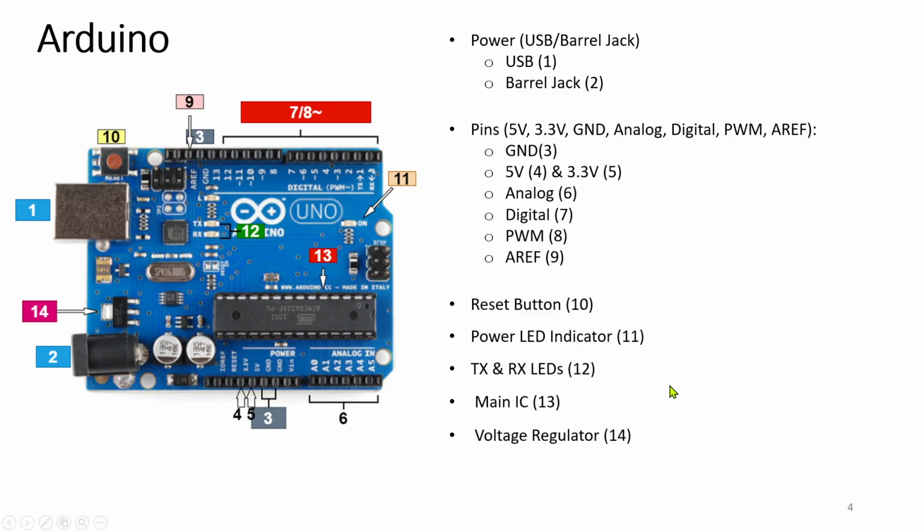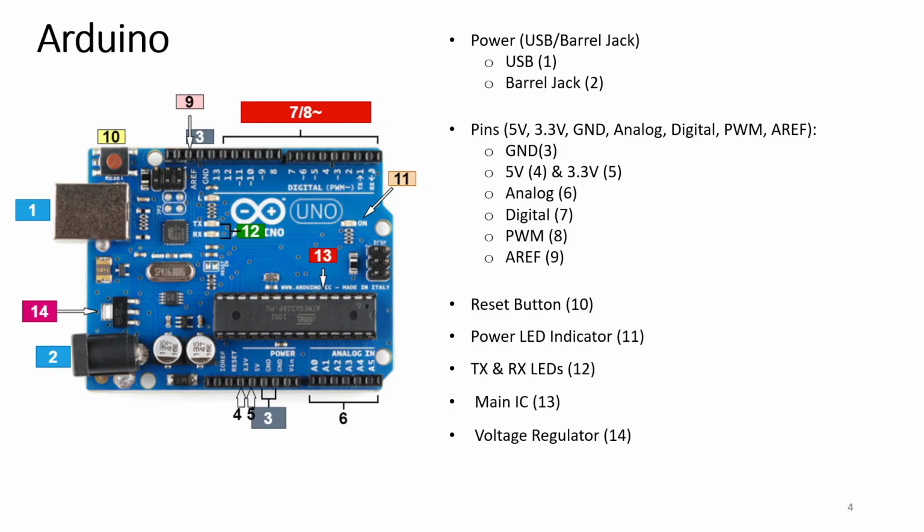The last thing that we're going to talk about is the voltage regulator, which is labeled 14. The voltage regulator is not actually something you can or should interact with on the Arduino. But it is potentially useful to know that it is there and what it is for.